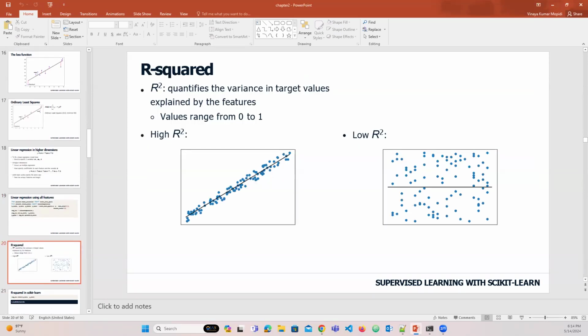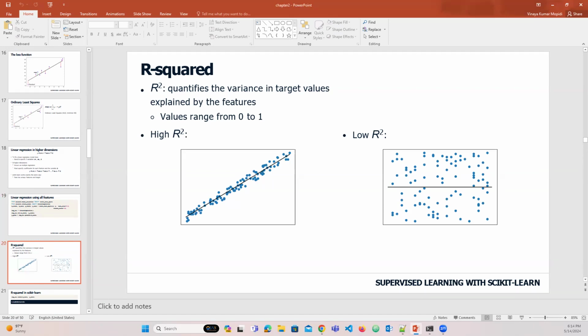Here, the default metric for linear regression is R-squared, which quantifies the amount of variance in the target variable that is explained by the features. Values can range from 0 to 1, with 1 meaning the features completely explain the target's variance.